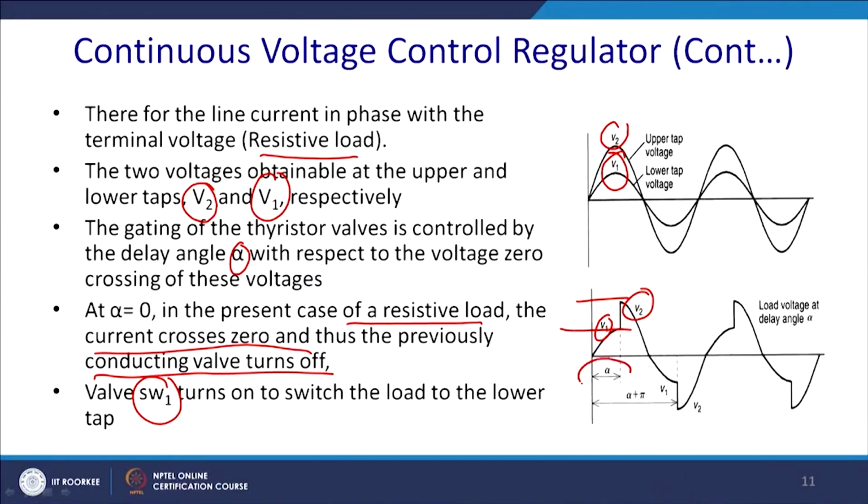This is for alpha, and this much to this much is pi plus alpha, with this kind of voltage profile. In the assignment, we shall ask for the harmonic content of this waveform and require you to calculate its fundamental value. Students are expected to find out the harmonic contents and the fundamental of this kind of tap changer.